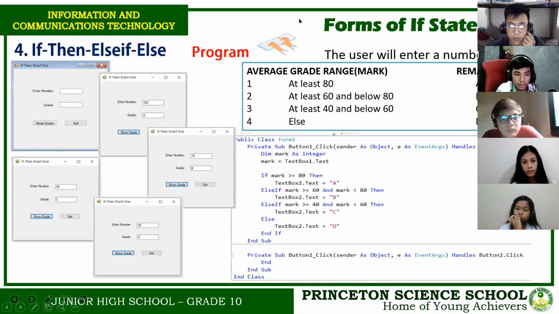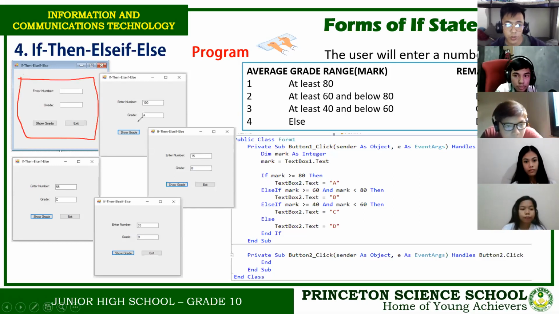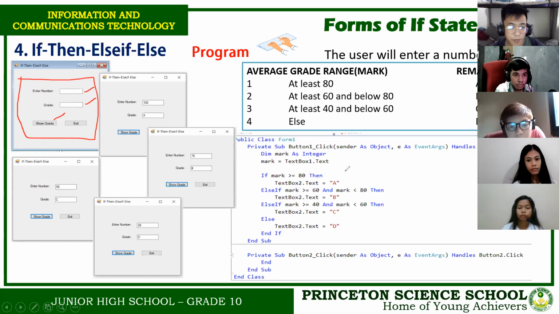We have a sample output. It's going to be enter number, so that is one text box. And then the grade, which is going to be an output. And then going to our show grade, that is where we'll put our code.